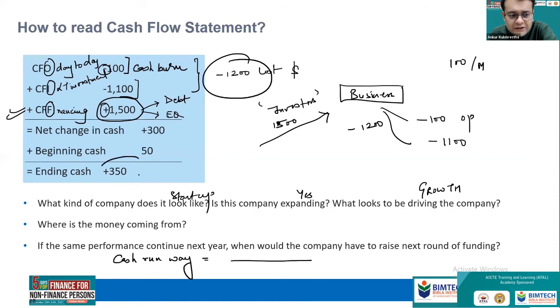How much cash are you left with at the end of the year? 350. That means 350 divided by 100, 3.5 months you can continue to sustain without improving your business model. But after 3.5 months, your business is going to crash land because this money is going to go over. Cash runway is the time which a startup has within which it must improve. Otherwise, it's going to crash land.